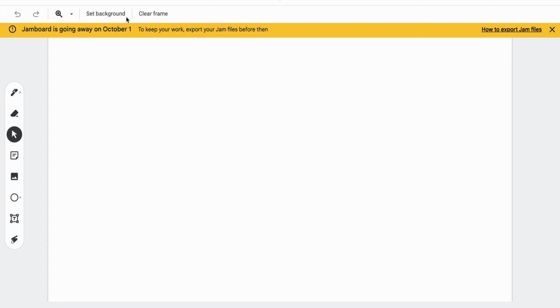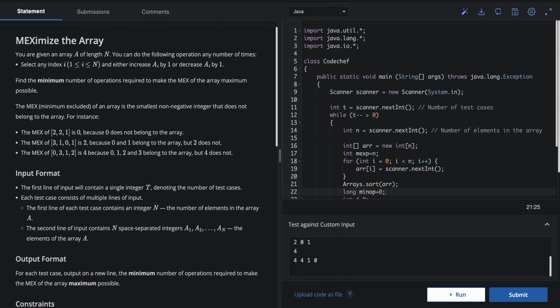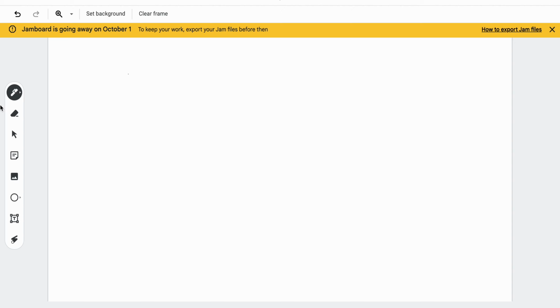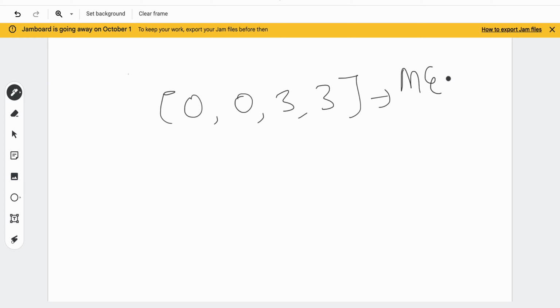So friends, suppose we are given one array. Let's take the example 0 0 3 3. The max of the array is the number from 0 to n minus 1, n being 4, which is not present in the array.